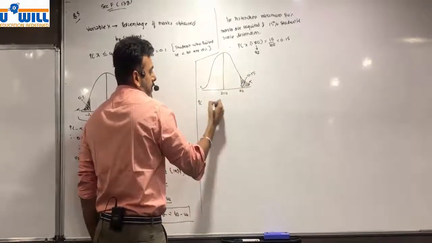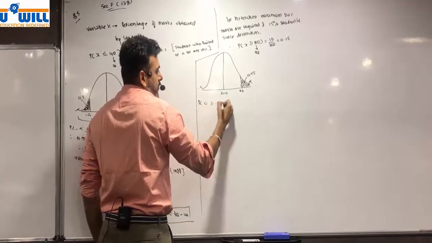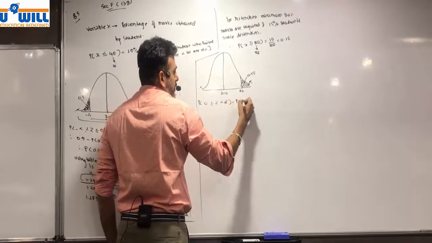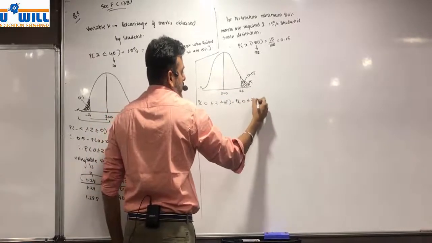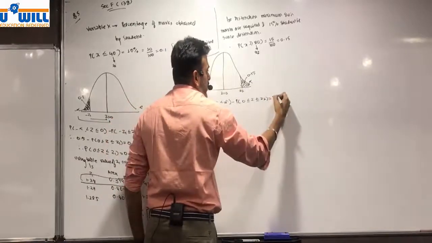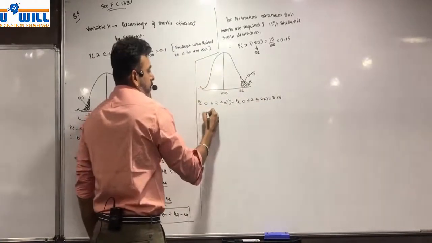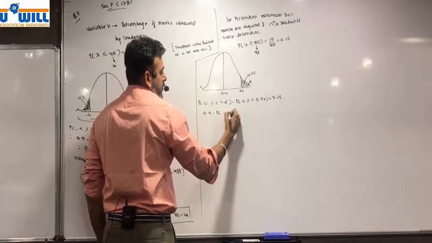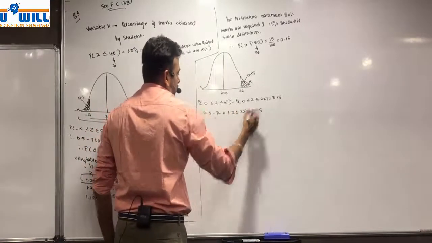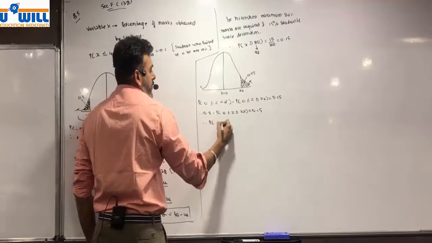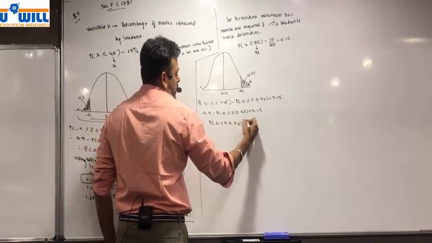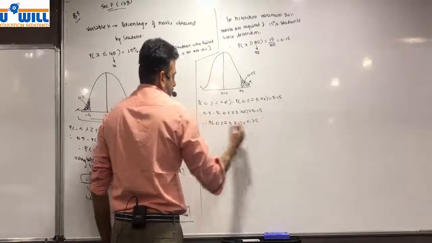Make the equation: probability of Z from 0 to infinity minus probability of Z from 0 to Z2 is equal to 0.15. Therefore 0.5 minus probability of Z from 0 to Z2 is 0.15. Therefore probability of Z from 0 to Z2 is equal to 0.35.